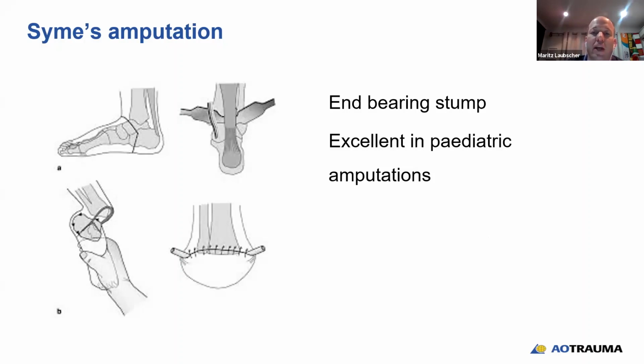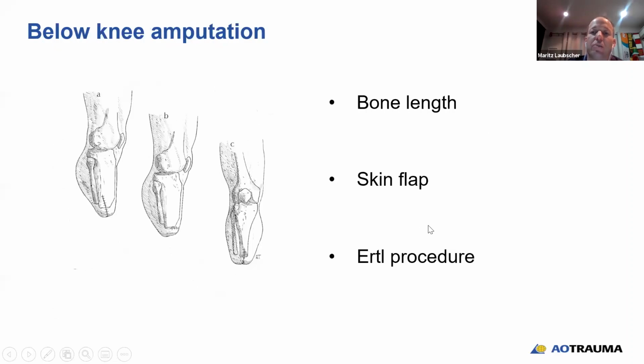Below-knee amputation is the amputation that's most commonly performed in a traumatic situation. There are a few factors to consider. First is the bone length, then how to do your skin flaps, and then some other modifications of the procedure. Obviously you want an adequate stump length in a below-knee amputation. It's pointless having a below-knee amputation and then having such a short stump that you can't fit a prosthesis.